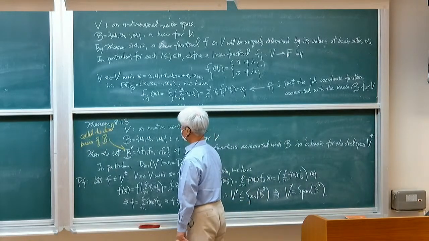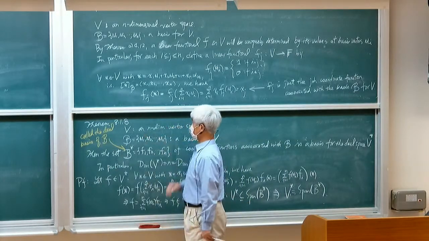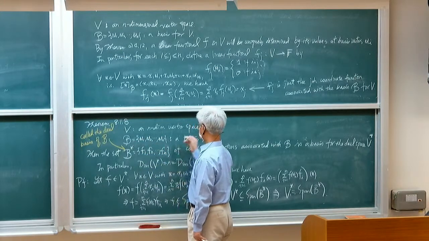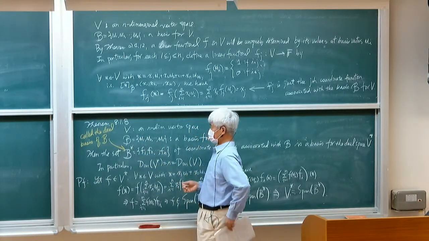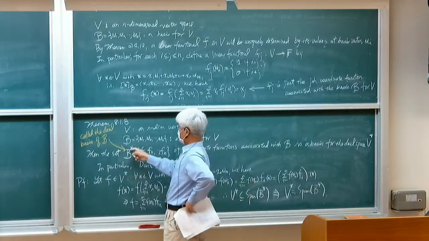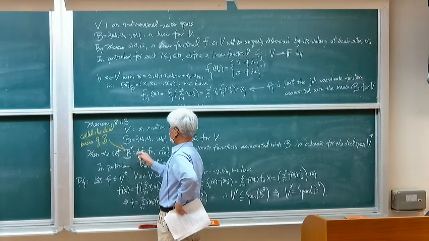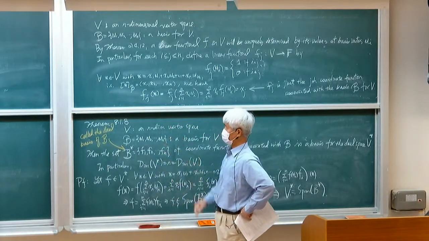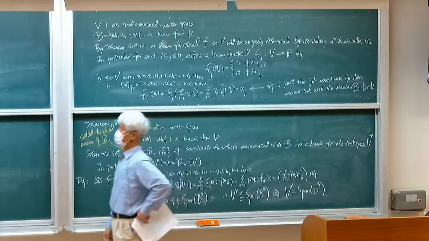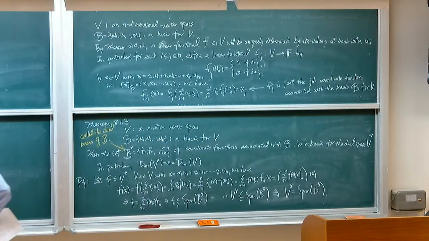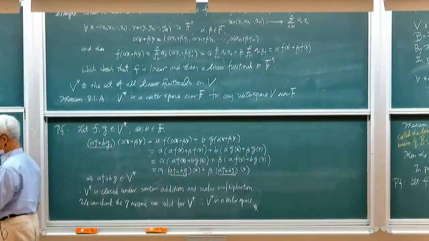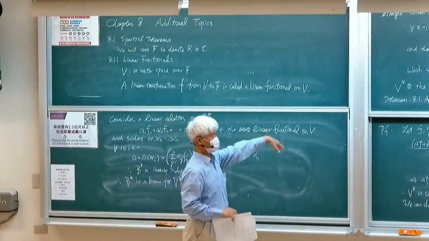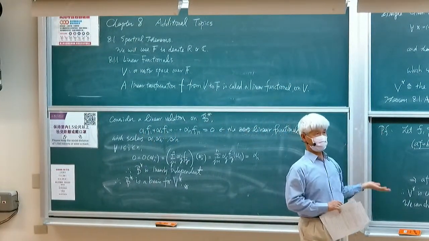And if V is n-dimensional and we have a basis for V, then we can construct a dual basis B star for V star, and so V star has the same dimension as V. So all of this is on a general vector space.